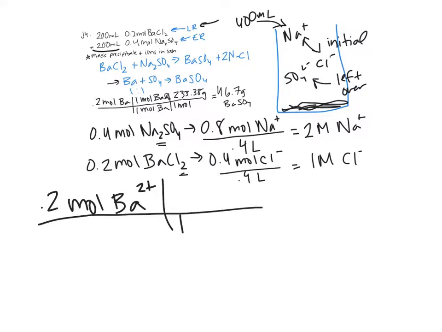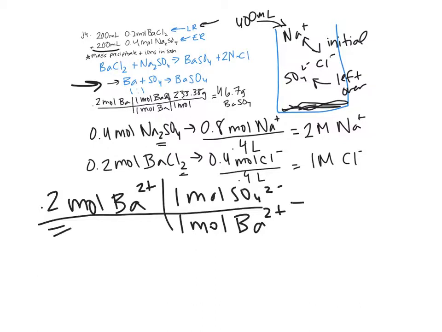If we look at our net ionic equation again, there's 1 mole of barium for every 1 mole of sulfate because they're 1-to-1, barium sulfate. Which means if I need to use up 0.2 moles, I'm going to need 0.2 moles of sulfate. This is how much is used up, converted to barium sulfate.